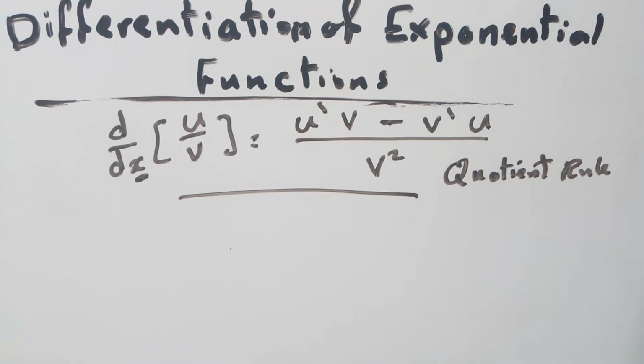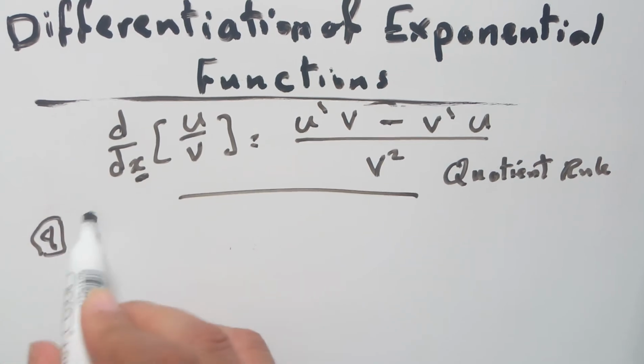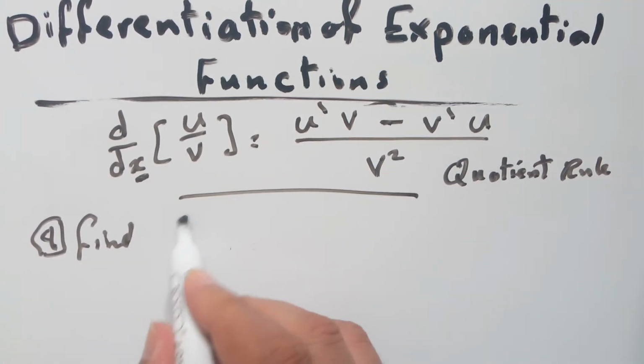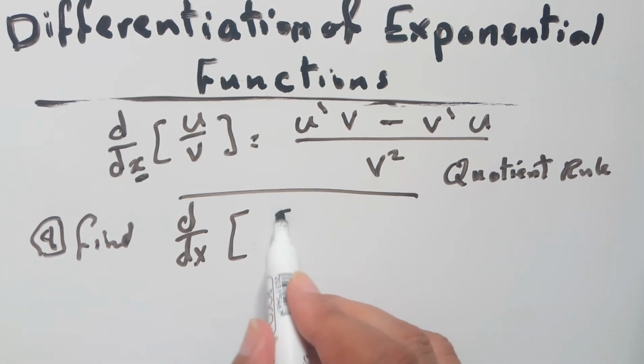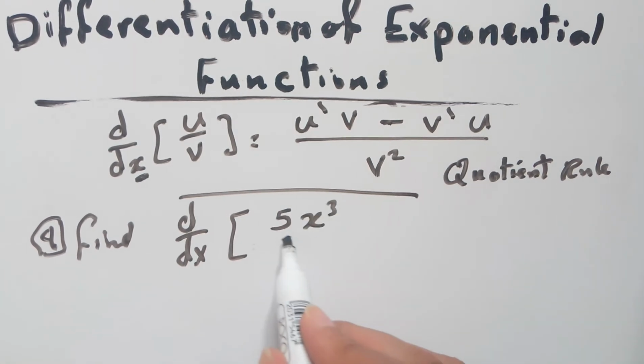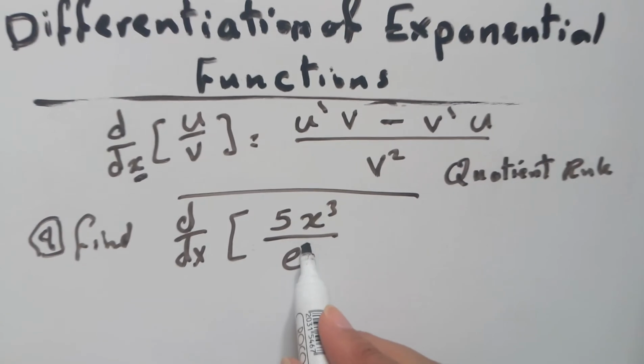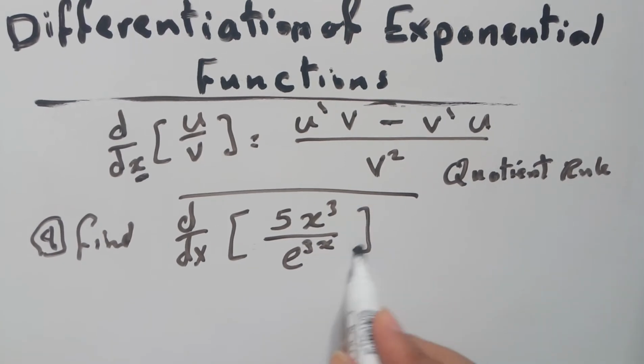How to apply it? Number 4, find d dx for 5x cubed divided by e to the power 3x. How to get this derivative?